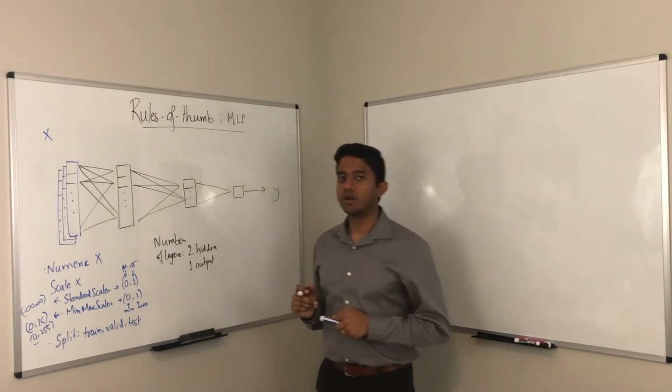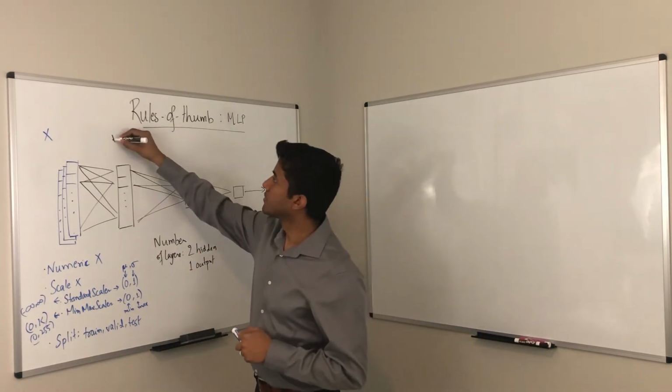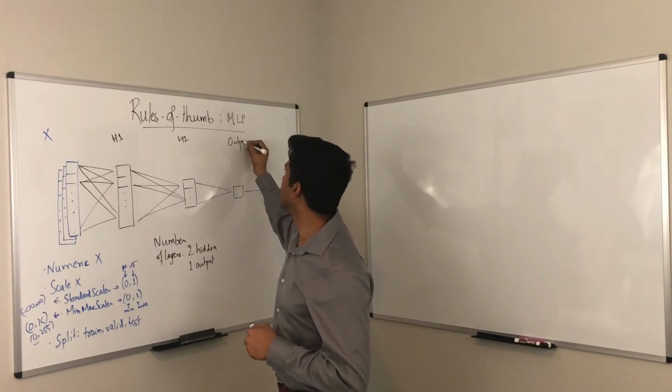Two hidden layers and one output layer, as shown here. Hidden layer 1, hidden layer 2, and output.